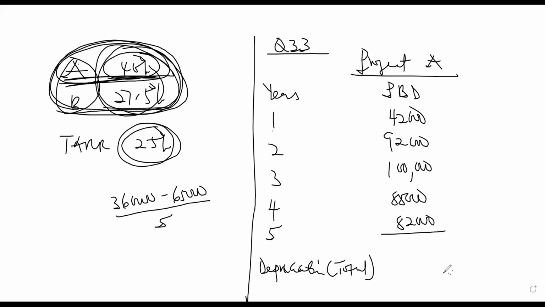But since we are totaling the profit, we just find the depreciation also on total basis, and that will give us 275,000. So let's find the total profit: 92 plus 100 plus 88 plus 82. I'm having 404,000. Can someone confirm that?